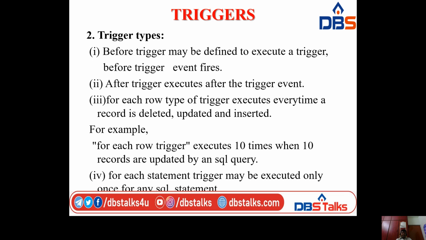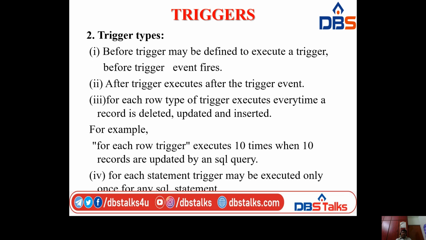So, the trigger types here. A before trigger may be defined to execute before the trigger event occurs. For example, if you are going to insert data and you are using a before trigger, it is fired and executed before inserting the data. An after trigger executes after the trigger event occurs.